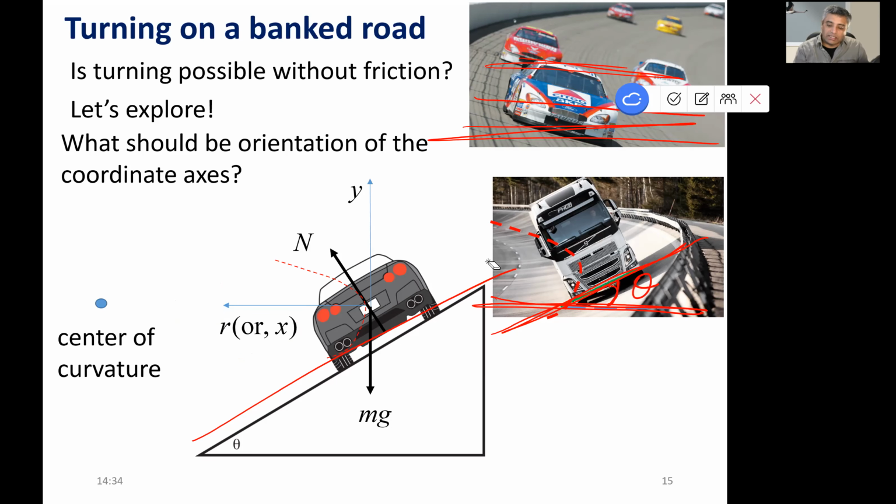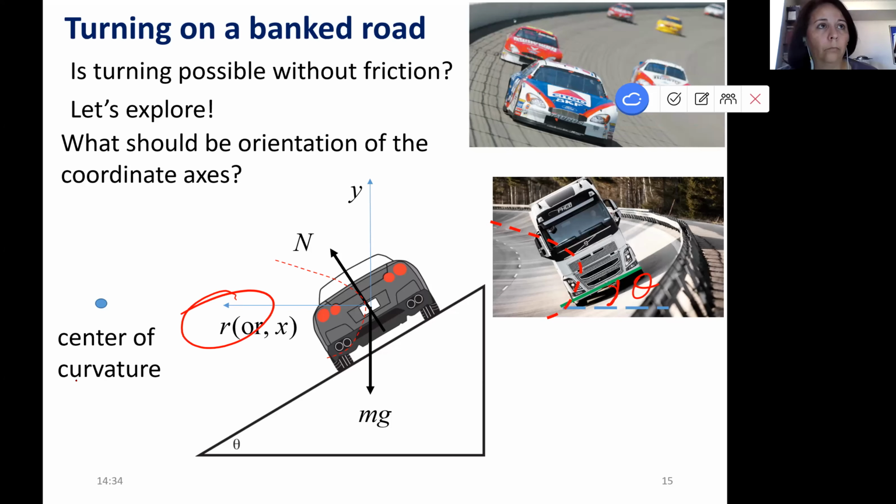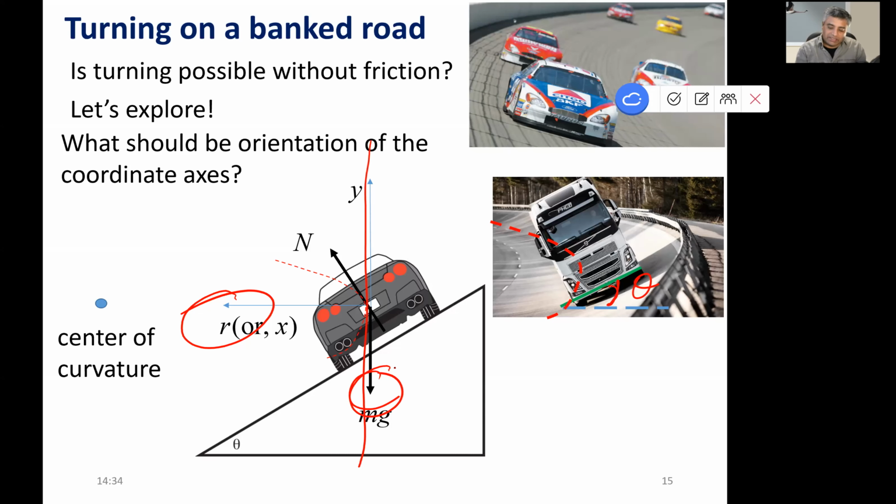What we need is the net force towards the center. Whenever we have circular motion, we need net force towards the center. So we choose one axis in that direction and try to find the component of force in that direction. The mg is vertical, so it's not going to have a component in that direction.